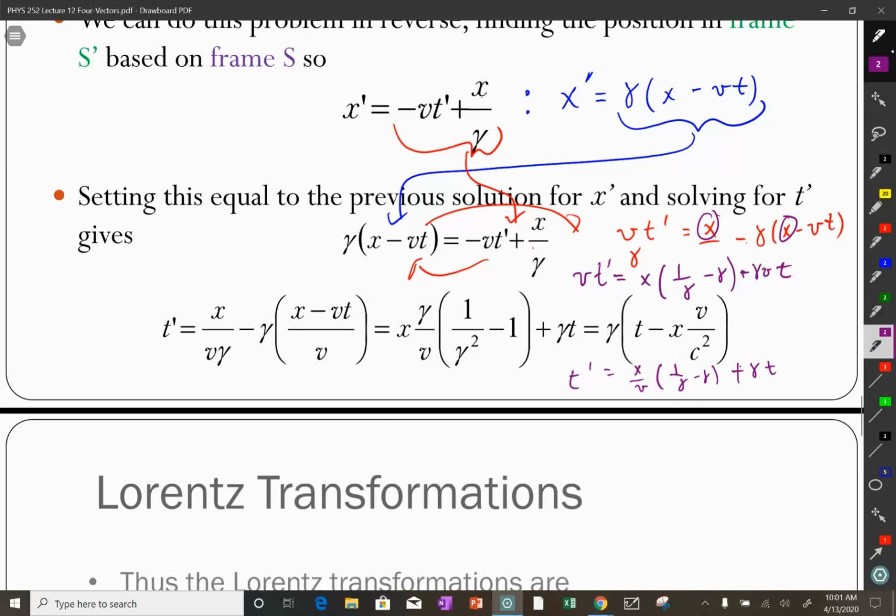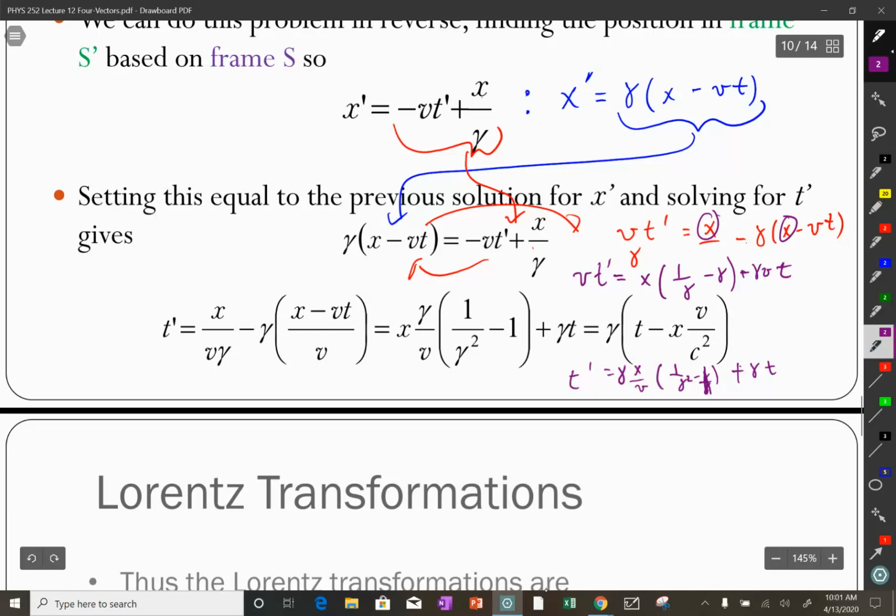you look at this and you say, well, that doesn't look like what's above. Well, I wanted to factor out a gamma. So if I factor out a gamma, I'll put a gamma out here, which means that I had to put that all over gamma. So 1 over gamma squared minus 1.